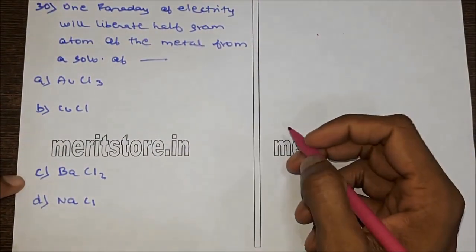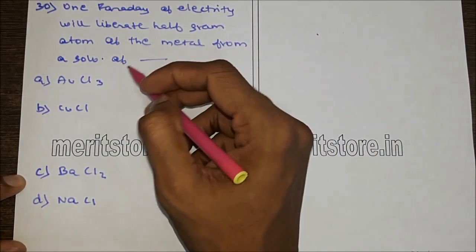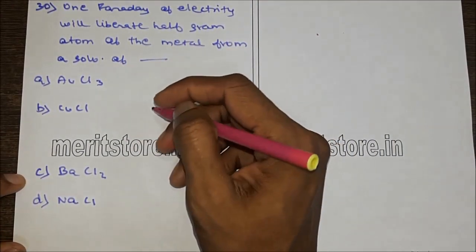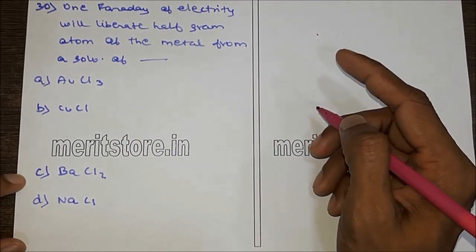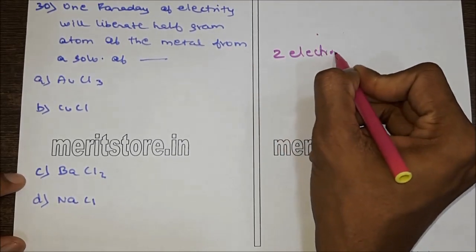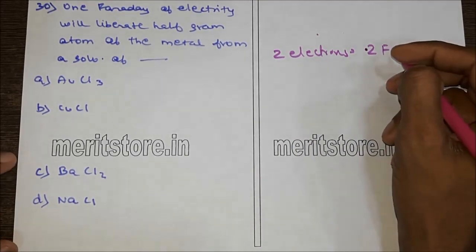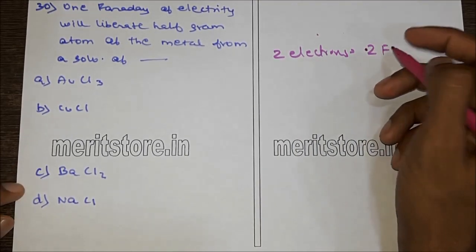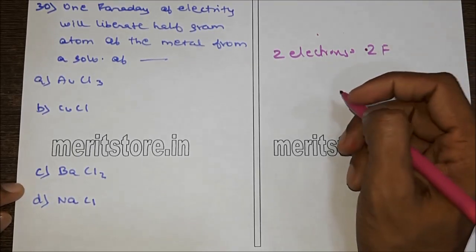Question 30. 1 Faraday of electricity will liberate half a gram atom of the metal from a solution of, we are given four options. So 1 Faraday will liberate half a gram atom of the metal. So the charge on 2 moles of electrons, that is 2 Faraday, is required to liberate 1 mole of the metal. This indicates that the metal needs to be divalent positive.